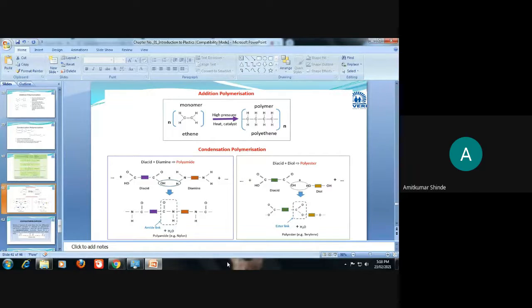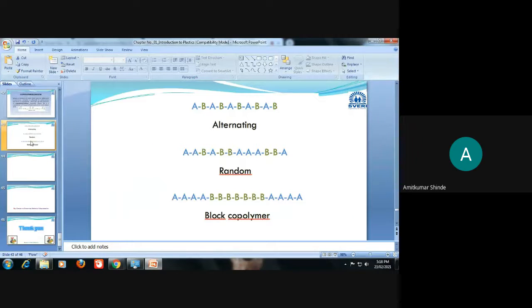Okay, if you are not having any difficulty, I will discuss the last few types, and then I will end this session. After understanding the concept of copolymerization, I have explained these 3 types: alternating, random, and block. Now, one more polymerization type is there, that is homopolymerization. Homopolymerization means the formation of a continuous chain of the same monomer.